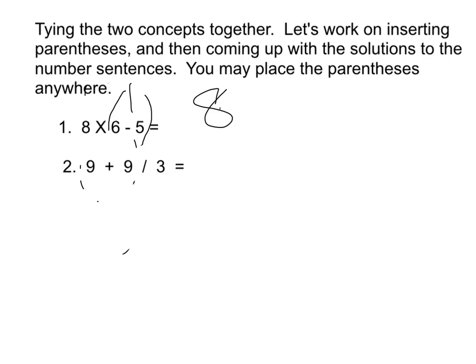In the other location, the parentheses could have been put around 9 divided by 3. 9 divided by 3 is 3. Now that we did the work inside the parentheses first, let's go from left to right. 9 plus 3 gives us an answer of 12.